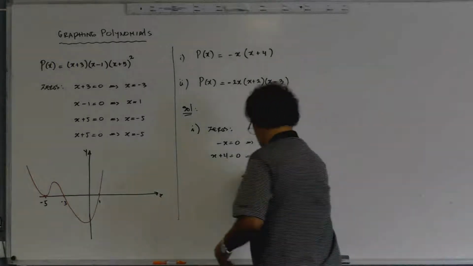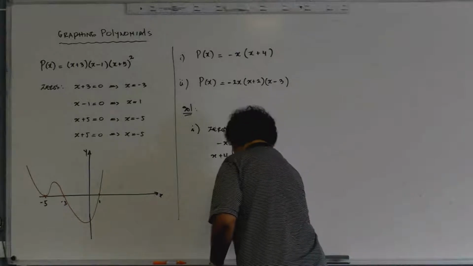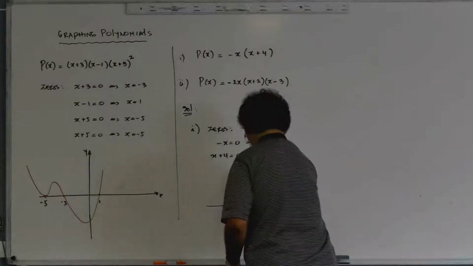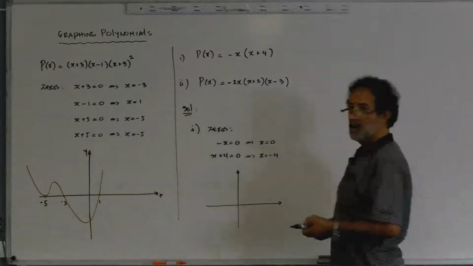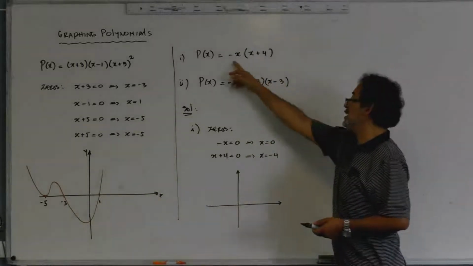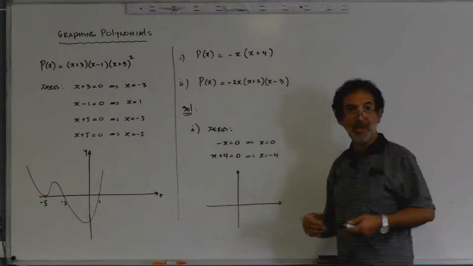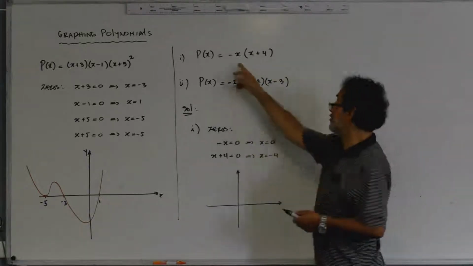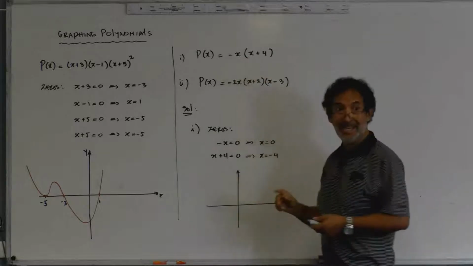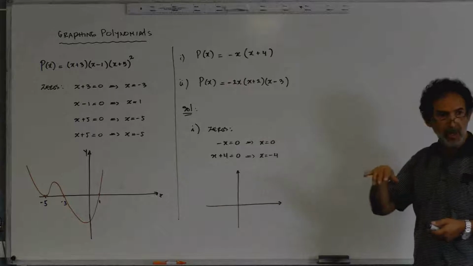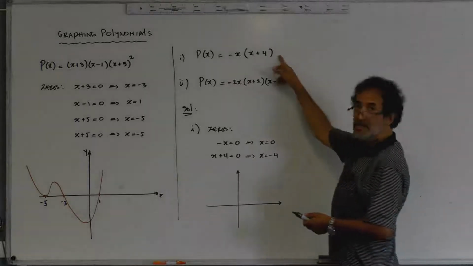But then we've got to be very, very careful. If you expand this, can you see that the number in front of the x squared is going to be a negative number? If you multiply negative x times x, it's going to be negative. Because it's negative, the picture will flip. By the way, this is a parabola.